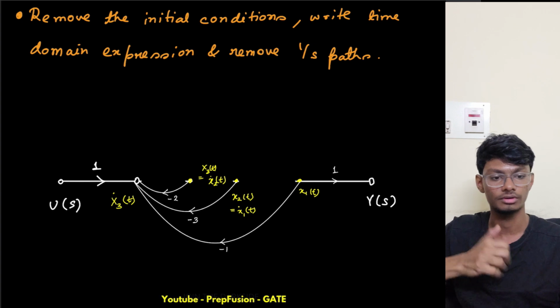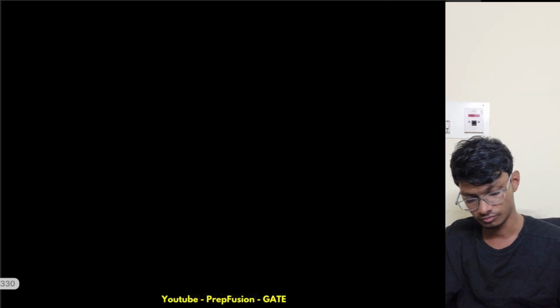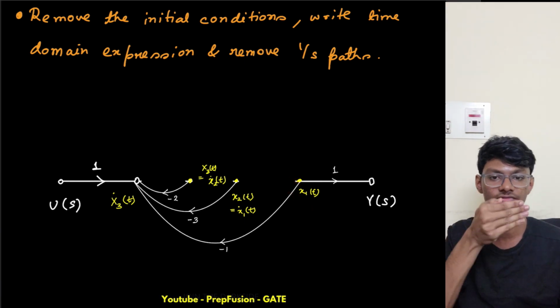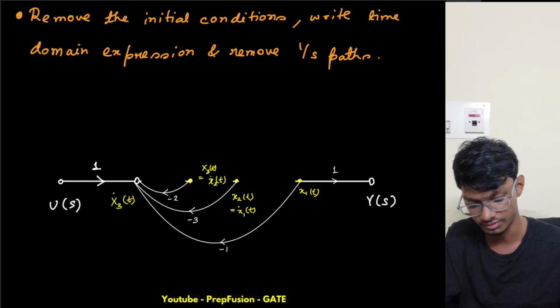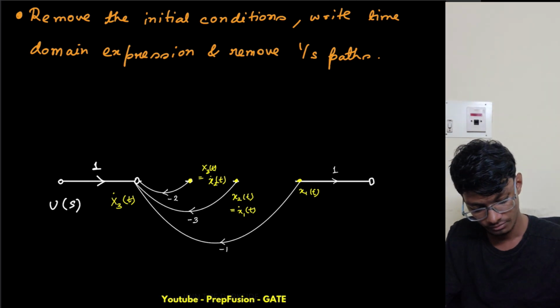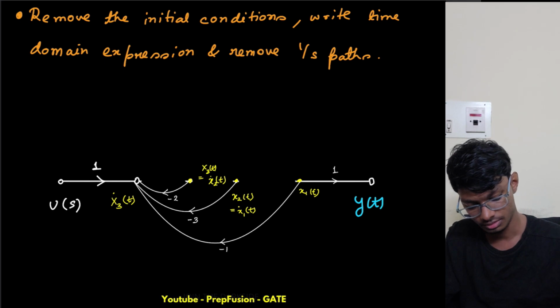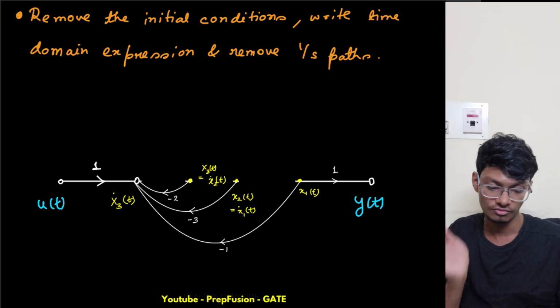Now we will simply write the state space equations and the output equation. From here I can see that only one path leaves from x1, only one path from x1 to y of t.